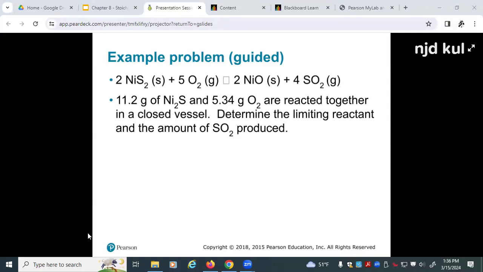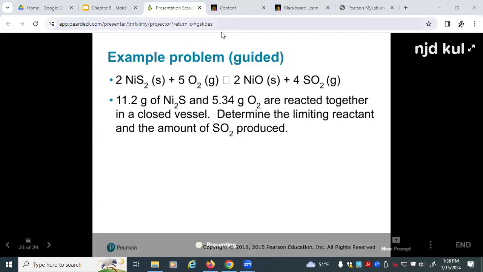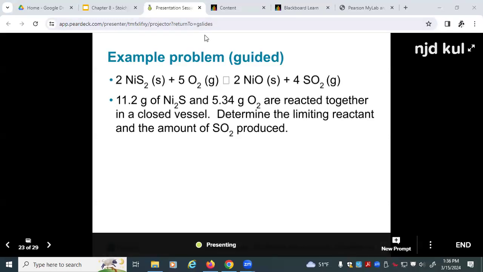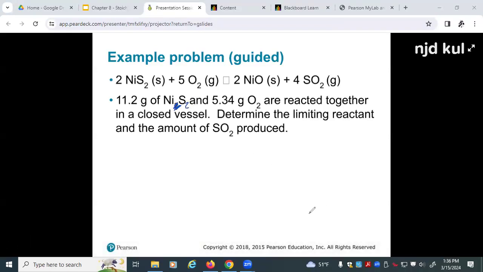It's got to be the nickel 4. Oh, sorry, I didn't catch that before. So I'm looking at NiS2. So I've got 11.2 grams of that and 5.34 grams of oxygen. The question is, what is the limiting reactant and what is the sulfur dioxide?